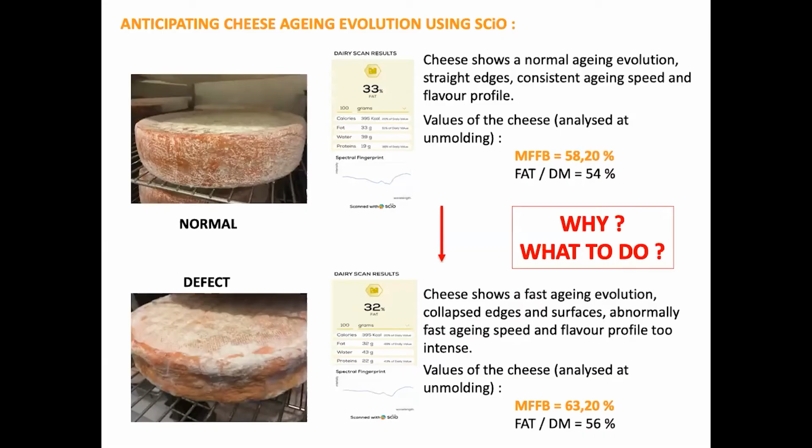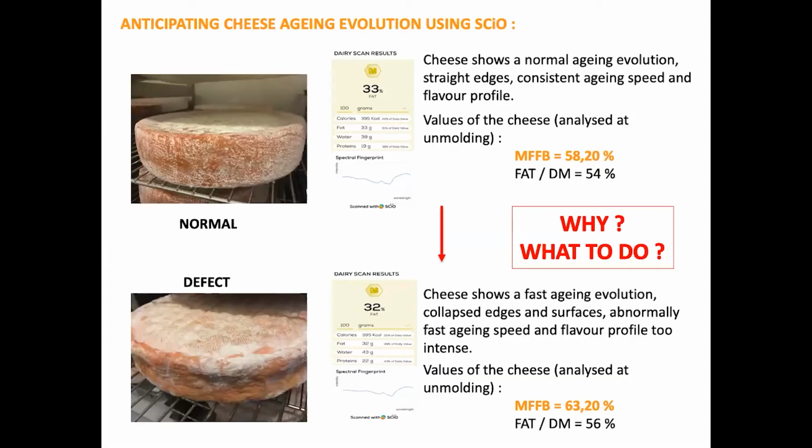Remember that the cheese that you make, that you unmold, that you analyze at unmolding, the composition of the cheese at this stage is the consequence of what you've done in the vat, well, with the milk and then in the vat. So when we want to understand what happens, whatever the problem, we should analyze the cheese, test the cheese at unmolding: moisture, fat, pH value, and so on.